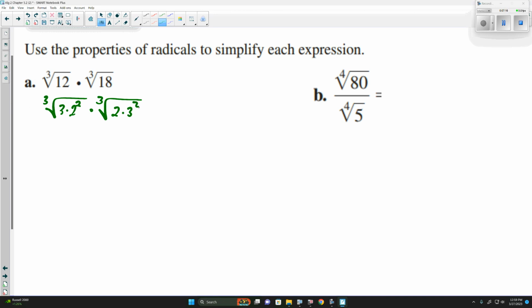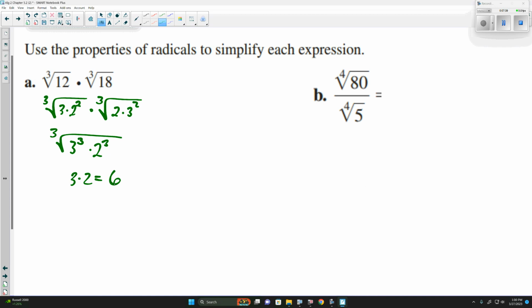Now we can't take the cubed root of any of those individually, but if we multiply them together, 3 times 3 squared is 3 cubed. 2 squared times 2 is 2 cubed, which gives us 3 times 2, which is 6. Either way we get to the same answer. Does that make sense?